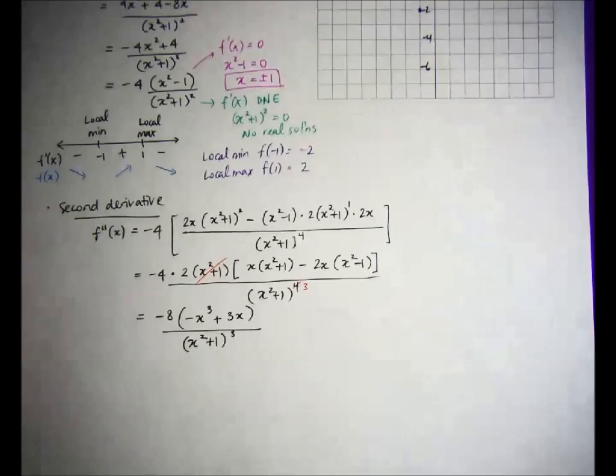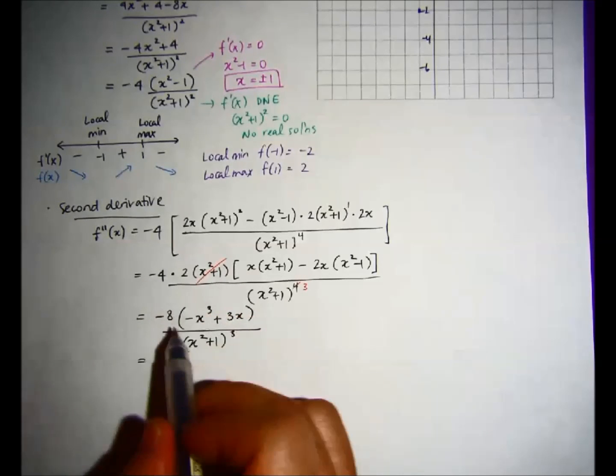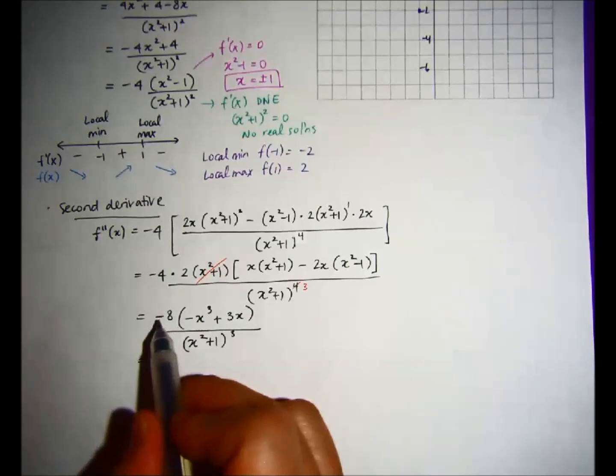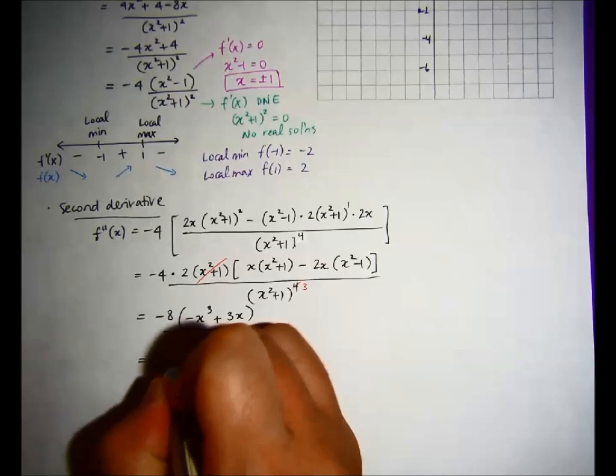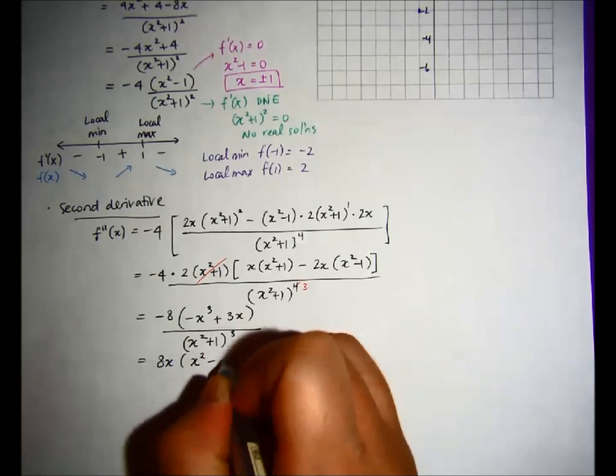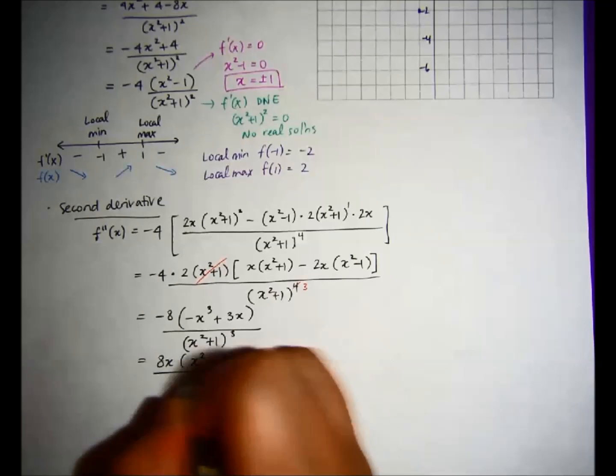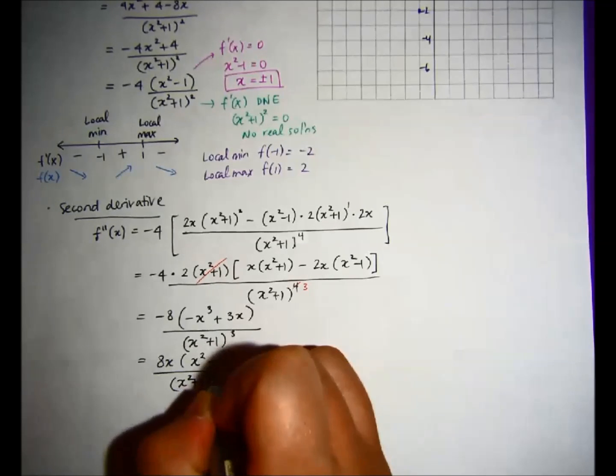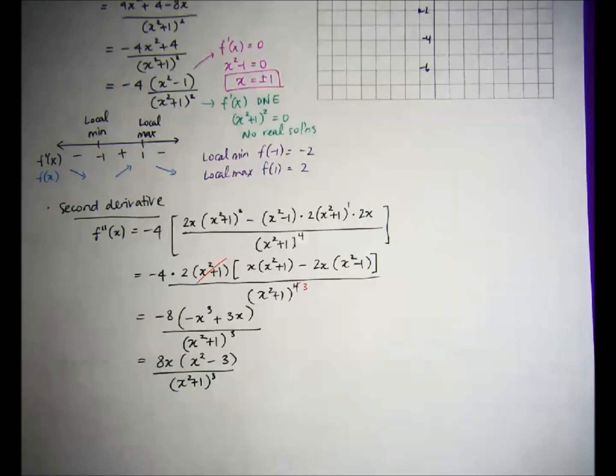So really, I can simplify this to, I can take out another negative x and then multiply it with this negative 8, so it'll be positive 8x, and then x squared minus 3 over x squared plus 1 cubed. So this is my second derivative.